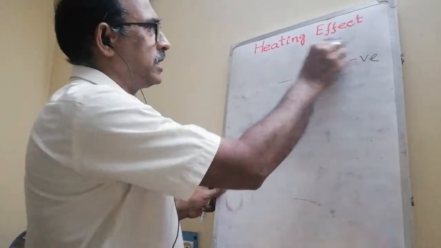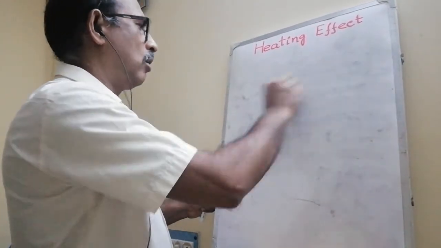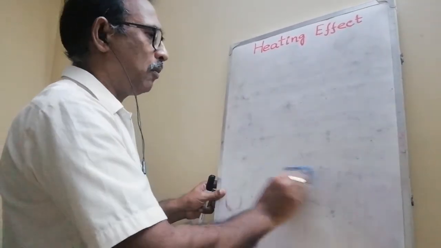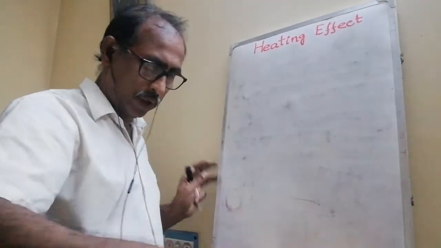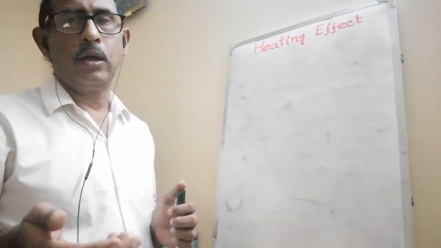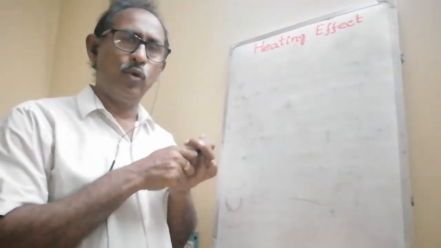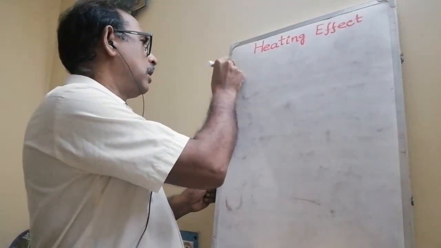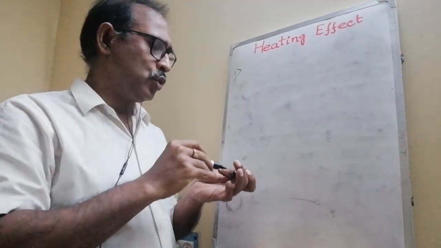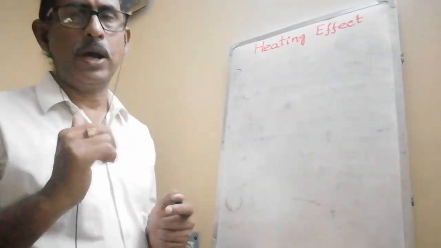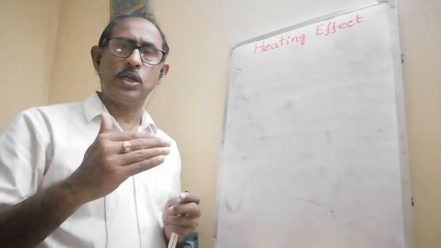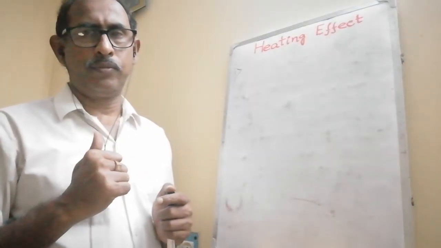Joule's law tells us what is the relation between the produced heat and resistance, current electricity, and time of current flow. There are three parts of Joule's law. The first part relates the produced heat with resistance.